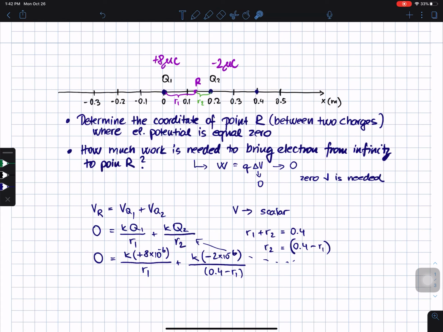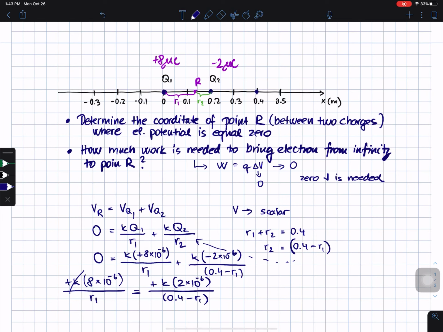Because it's equal to 0, I can say that K times 8 times 10 to the power of negative 6 divided by R1 equals K times 2 times 10 to the power of negative 6 over 0.4 minus R1, right?